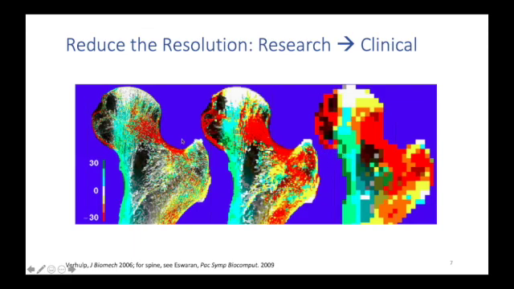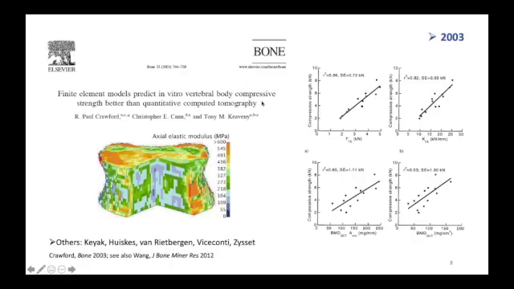If you just look at these images, the red regions are where you're getting failure, and there was a correspondence between where the failure is, even in that very low resolution image on the right, and the middle image you can see is somewhere in between.